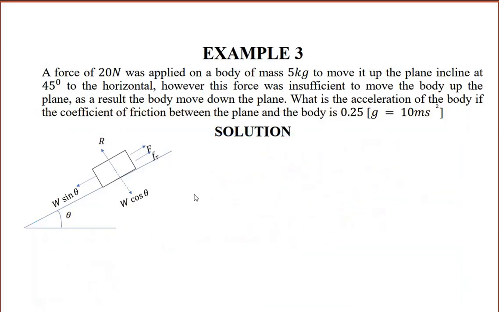Now let's look at that again. A force of 20 Newton was applied on a body of mass 5 kg. So the force on the body is 20 Newton. The mass is 5 kg.